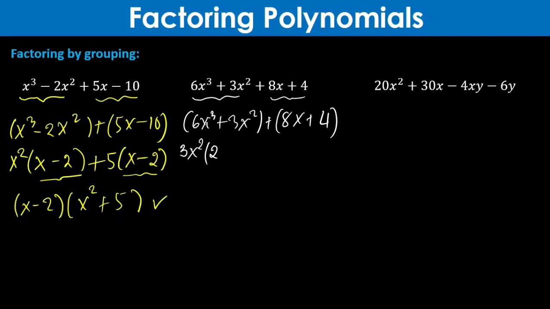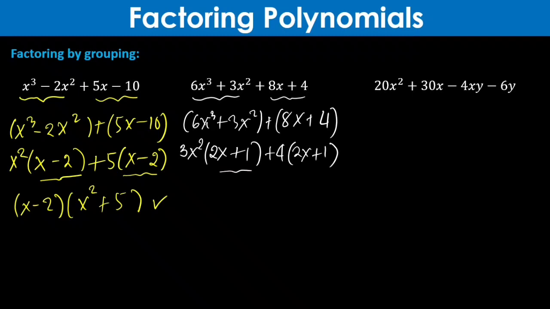We'll be left with 2x here and 1 here. So when you return it back, that's 6x cubed plus 3x squared. The common here for the second group is 4. So we'll be left with 2x plus 1 here.